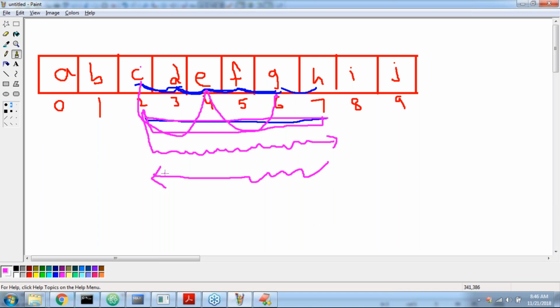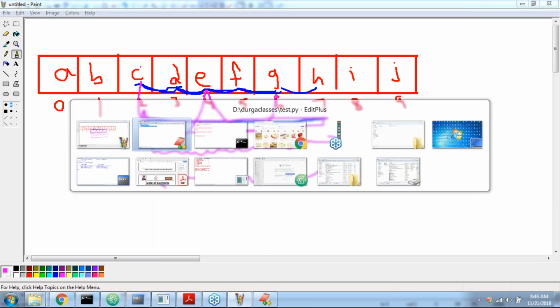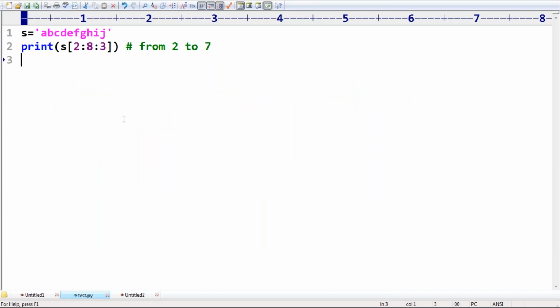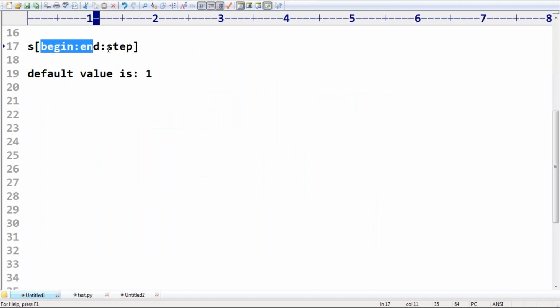Just wait, sir. Observe this: how many arguments are there for the slice operator? 3 arguments. What is the last argument? The step. Step means jumping to the second character, jumping to the next third character.